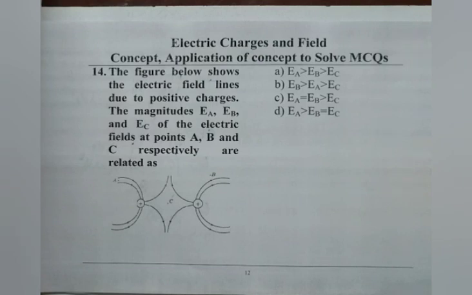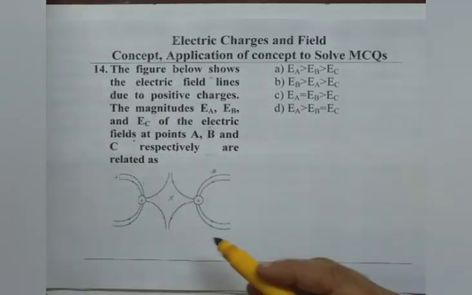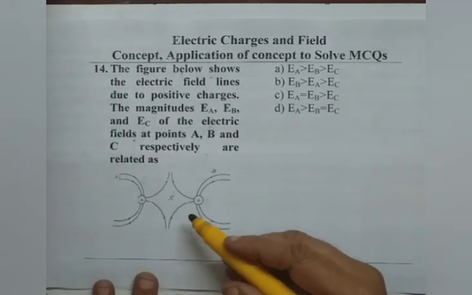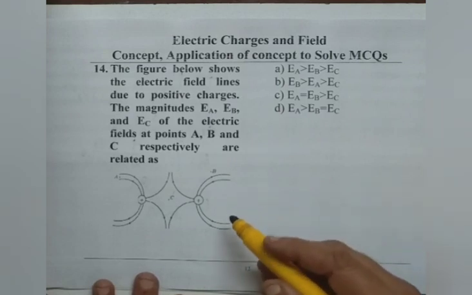Say here we need to use the concept of field strength and the number of field lines. We said field lines are crowded where the field strength is larger. Field lines are less crowded where the field is weak. We use the idea of crowding of the field lines or less crowded idea.